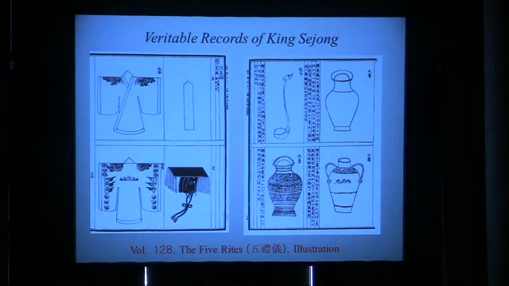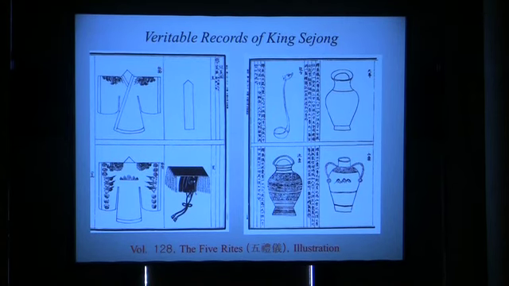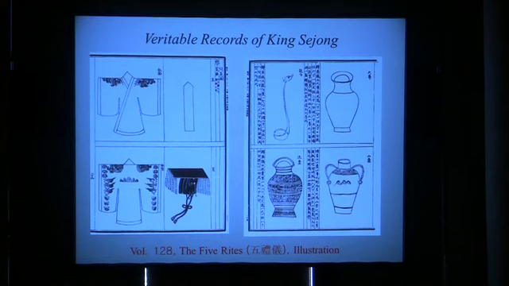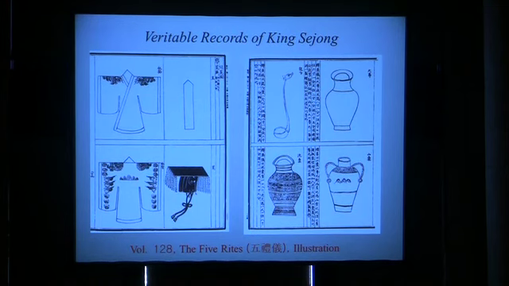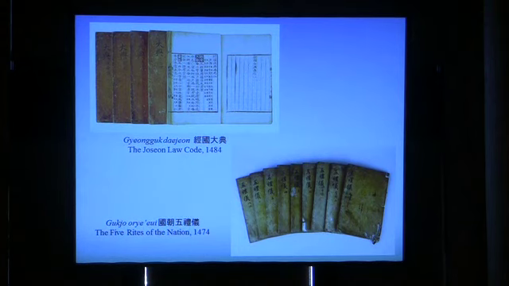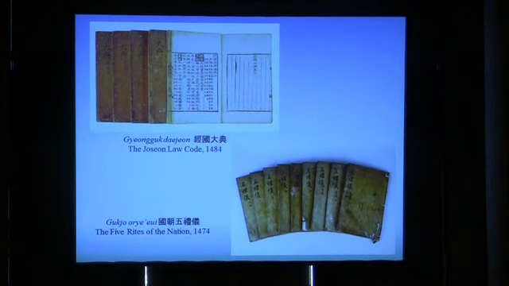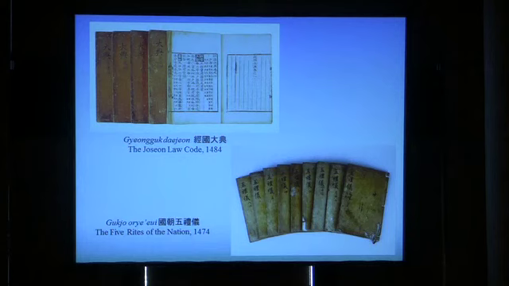And these illustrations are for utensils to be used in the rites and costumes for the royal family to be worn. And these are the two law codes of the Joseon Dynasty, the Five Rites of the Nation and the Joseon law code, Gyeongguk Daejeon.